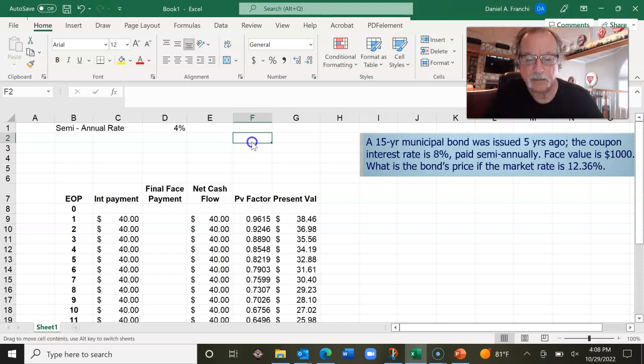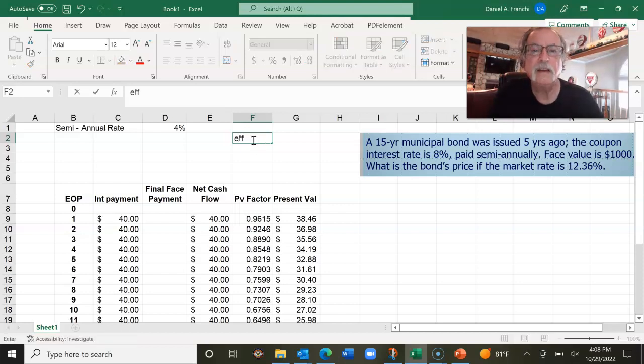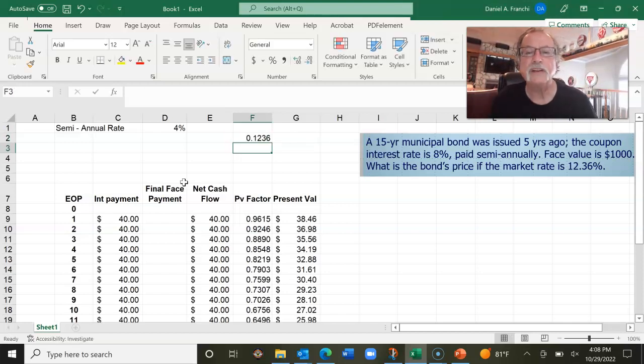If I said my nominal rate was 12%, and it's compounded semi-annually, my effective rate is 12.36%. So my semi-annual rate is going to be 6%.